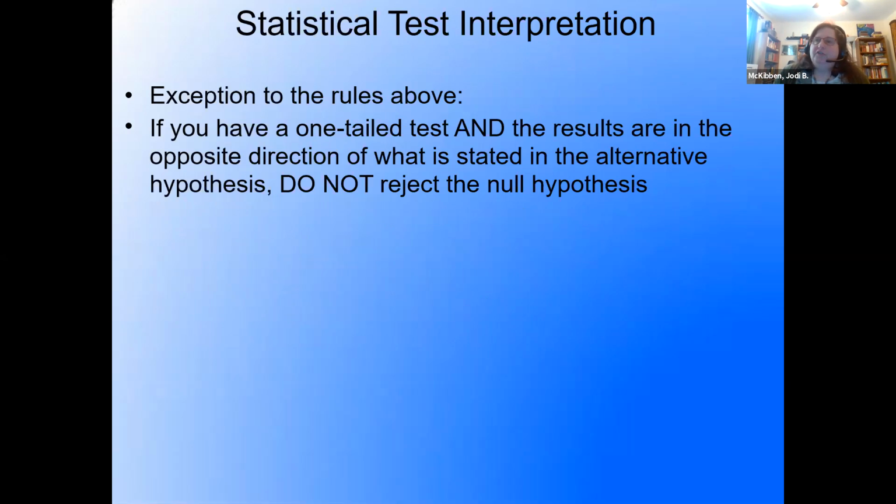In other words, if I said math majors will be happier than psychology majors, but it turns out psychology majors are happier than math majors, it doesn't matter what kind of finding I get, I'm never going to reject the null. It could be really statistically significant. I'm not going to reject the null. Okay.